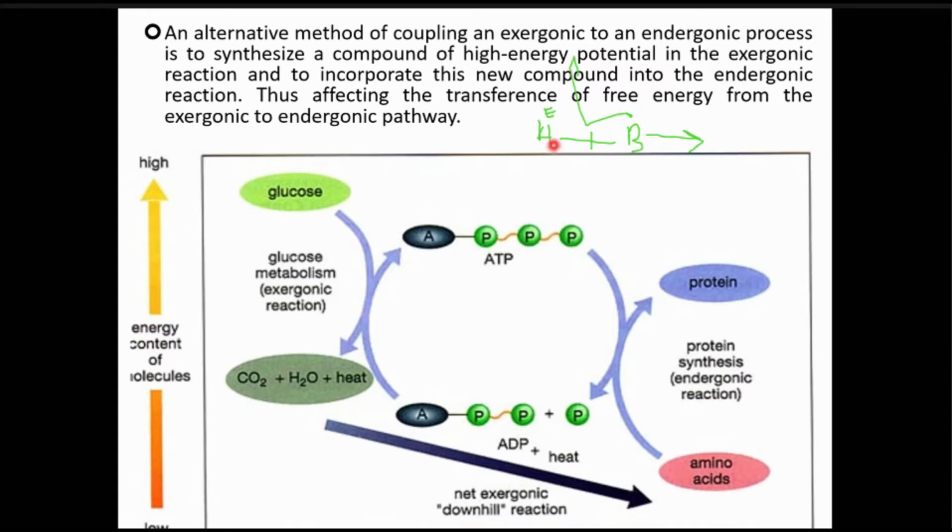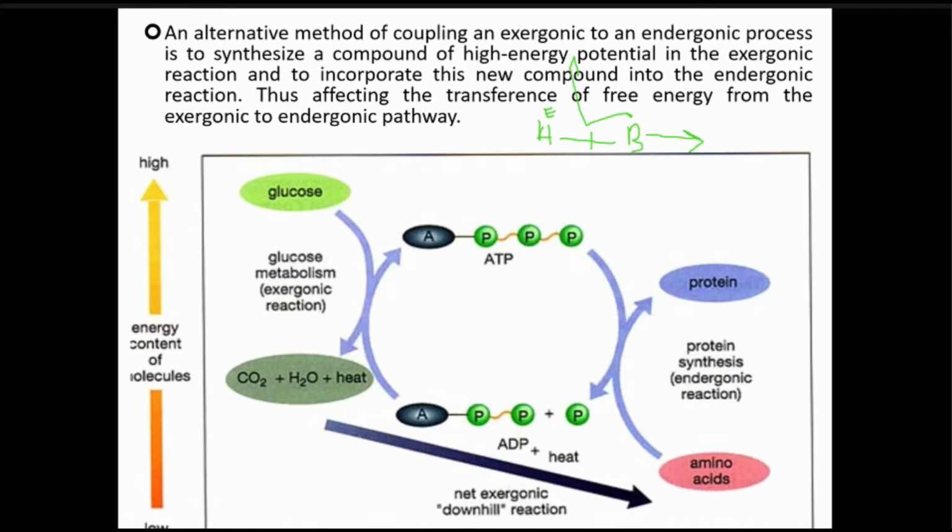So in the first example, we used exergonic and endergonic directly, but we can make B work as well by generating what we call a high energy potential, in our case ATP, to move the B reaction.